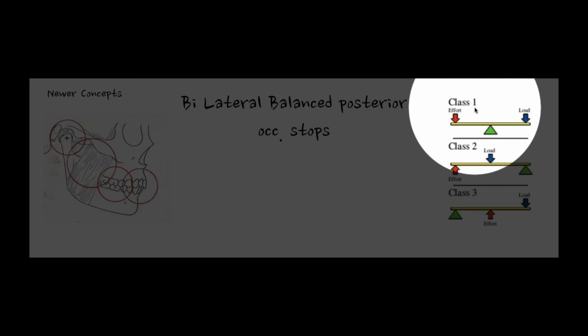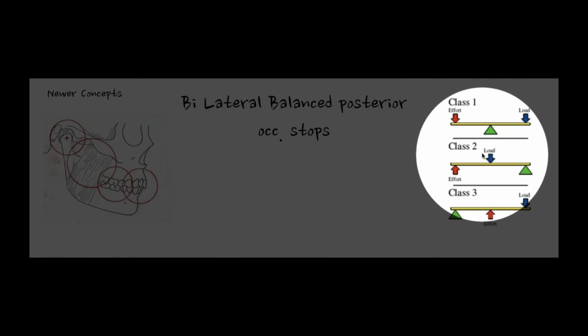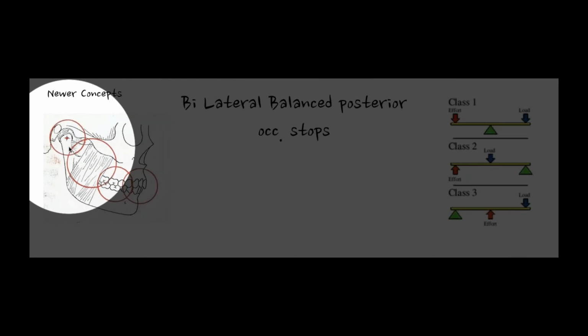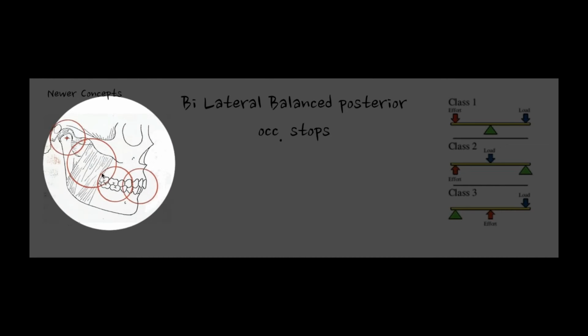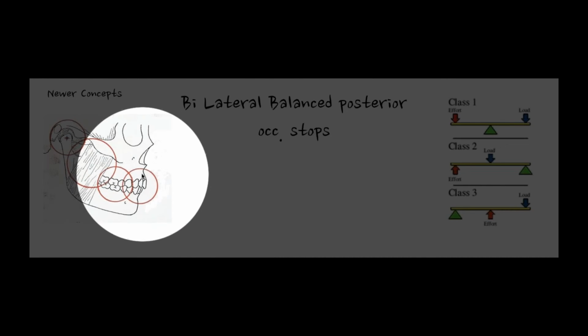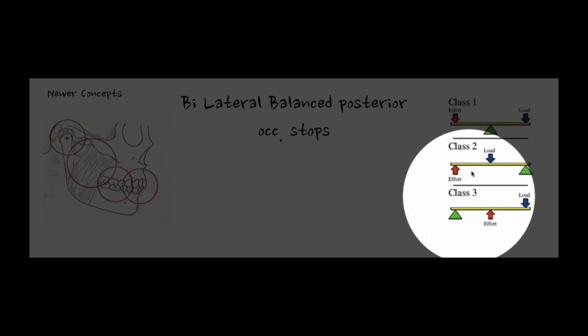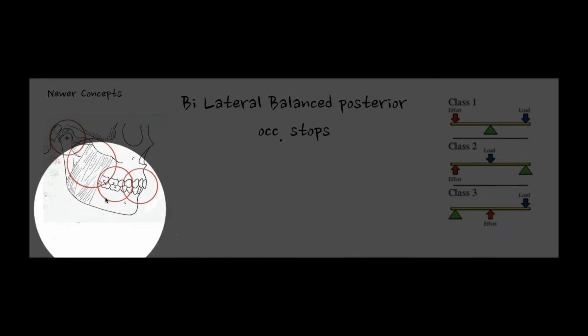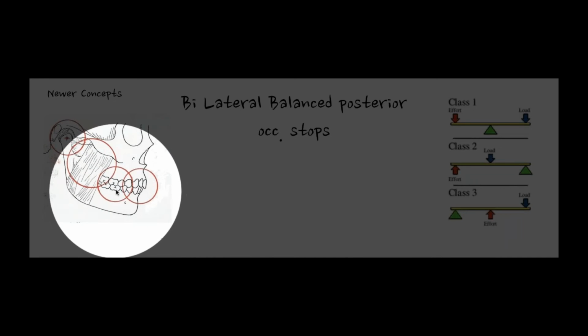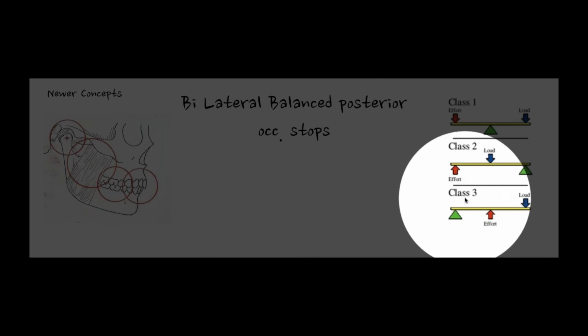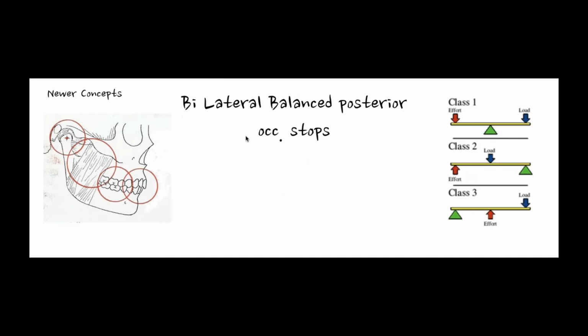If you come over here and look at the lever systems, you'll notice that our lever system is really what we call a class 2 lever system. That means that's where the fulcrum is, this is where the power is, and this is where the working mechanism is. If we change that to a class 1 or a class 3, meaning that the occlusion on your first molar is too high, well, you've now changed the fulcrum, and you've changed the person from a class 2 into a class 3 or possibly even a class 1.